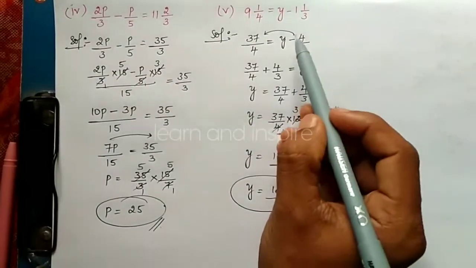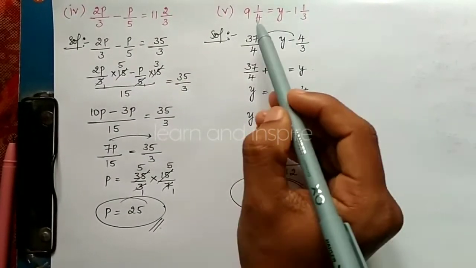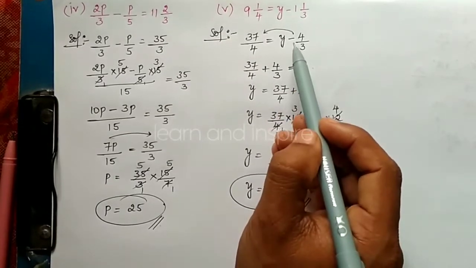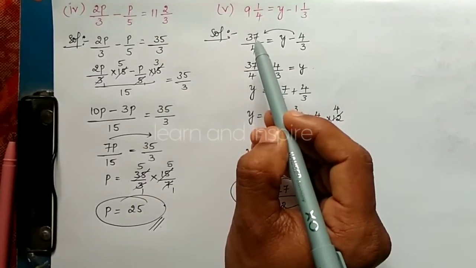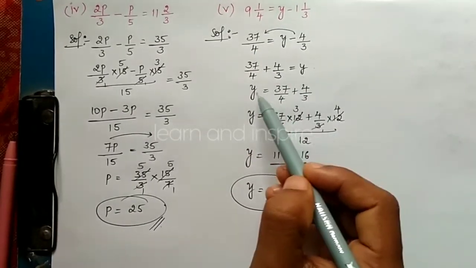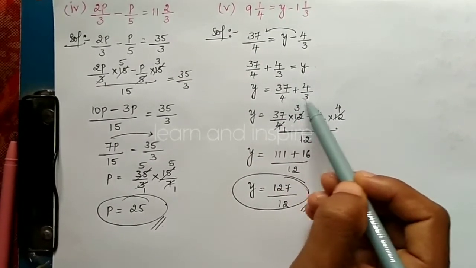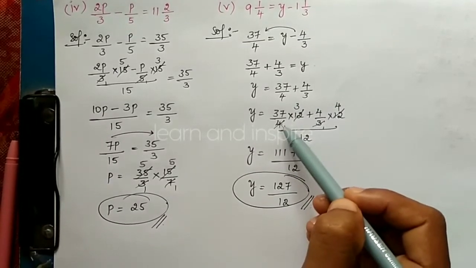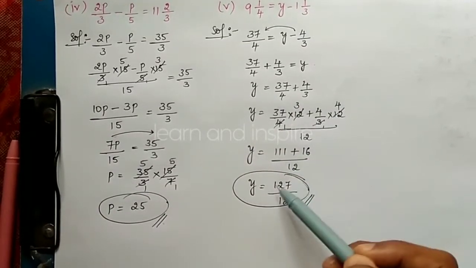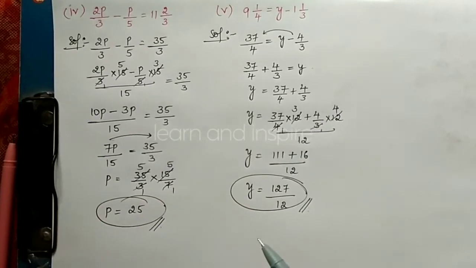First we have to convert these mixed fractions into improper fractions, and then transpose the negative fraction to LHS, where it becomes positive. Then we take the LCM of the two fractions, cancel, and we get the value of y.